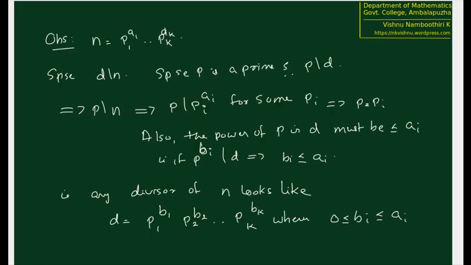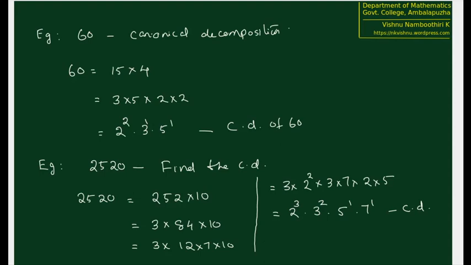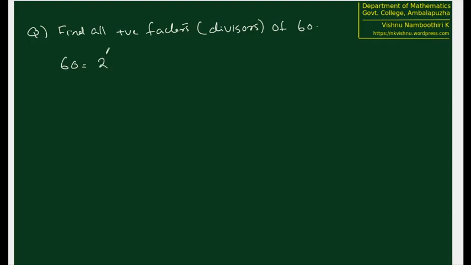The question is the following: find all positive factors or divisors, factor and divisor both mean the same for us, of the number 60. To find the divisors, as we have just observed, we will first write down the canonical decomposition of 60. We know already that the canonical decomposition is 2 square, 3 to the power 1, 5 to the power 1.